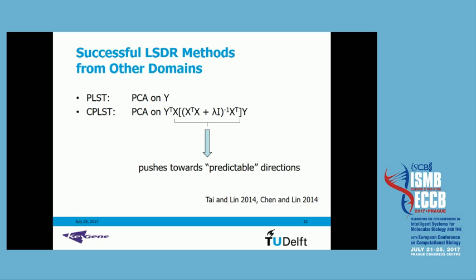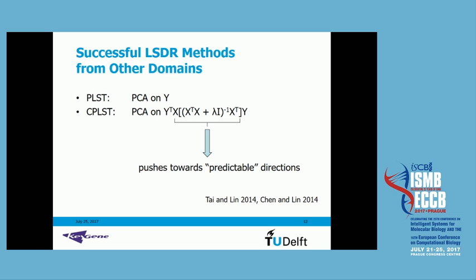There was an improvement on that method called CPLST, again based on principal component analysis, but on this more complicated matrix that you can see here. Notice that it contains X as well as the Y, and it's easy to show that what this method does is you say, okay, I still want to have high variance in the labels, but I want my target variables in the new space to be easier to predict.